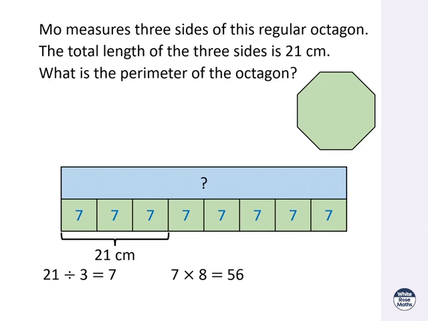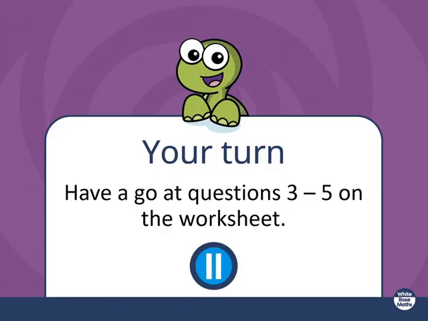So to work out the perimeter, I could multiply 7 by 8, which is equal to 56. That must mean the perimeter of this octagon is 56 centimetres. Now it's your turn. Have a go at questions 3 to 5 on the worksheet.